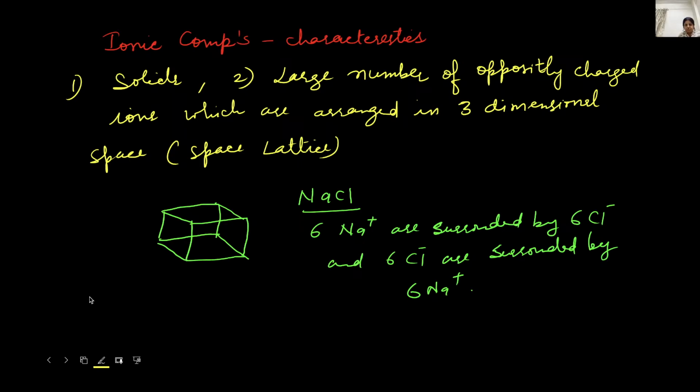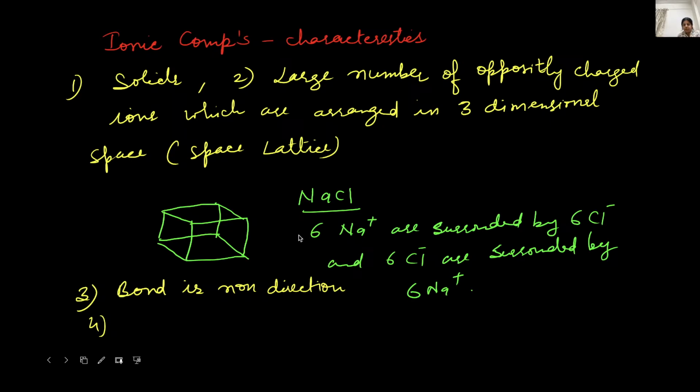Now the next important characteristic of ionic solids is that the bond is non-directional. There is no direction in ionic bond formation. Opposite charges are present around any ion.